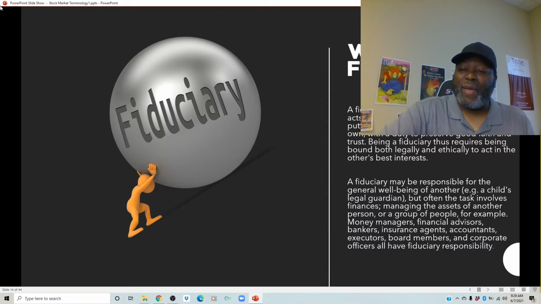A fiduciary may be responsible for the general well-being of another, like a child's legal guardian, but often the task involves finances. Managing the assets of another person or a group of people, for example, money managers, financial advisors, bankers, insurance agents, accountants, executors, board members, and corporate officers all have fiduciary responsibility.